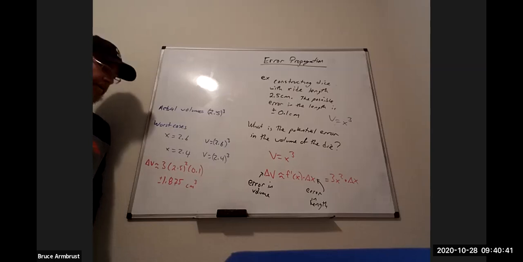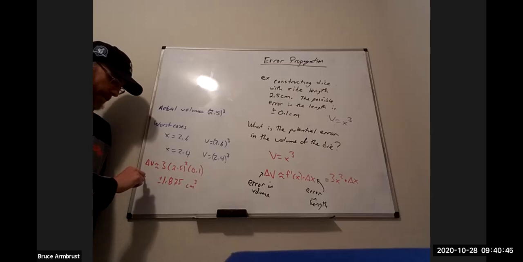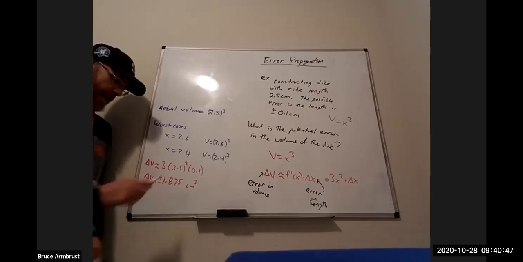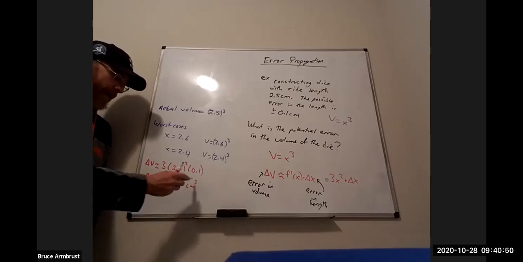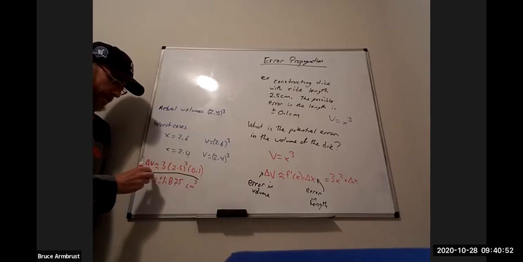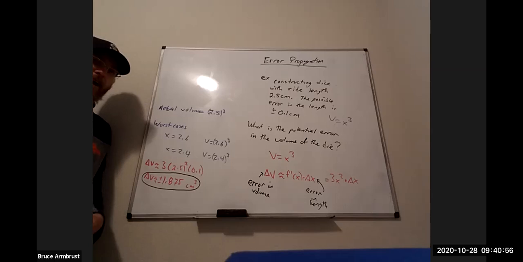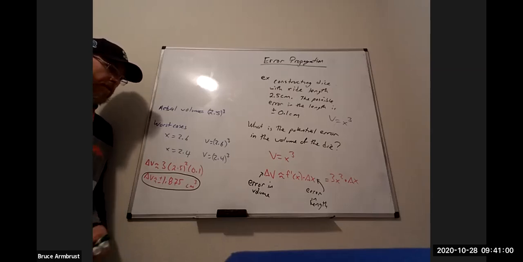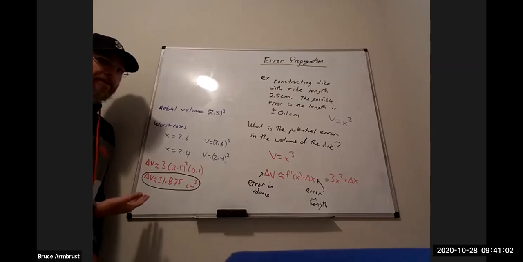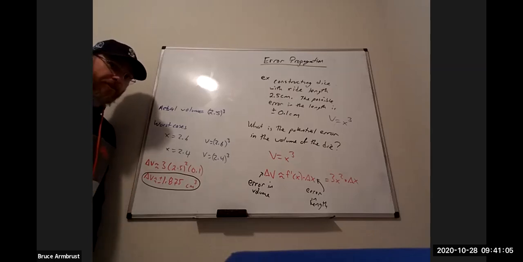Yeah, I think that's pretty close. Okay, so I know, just going in, that I could be off by around 1.875 cubic centimeters. That was pretty fast. And it was something I could even do in my head.